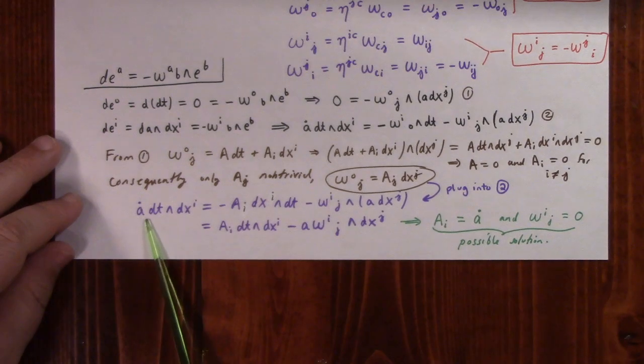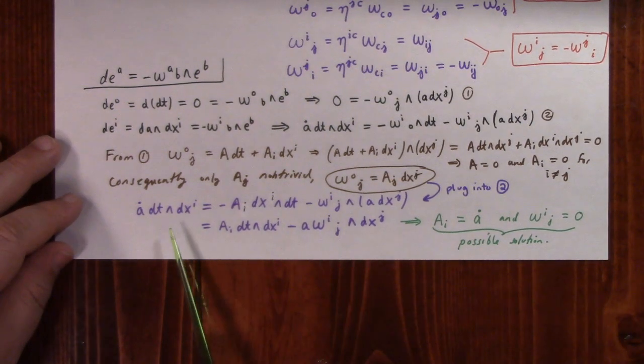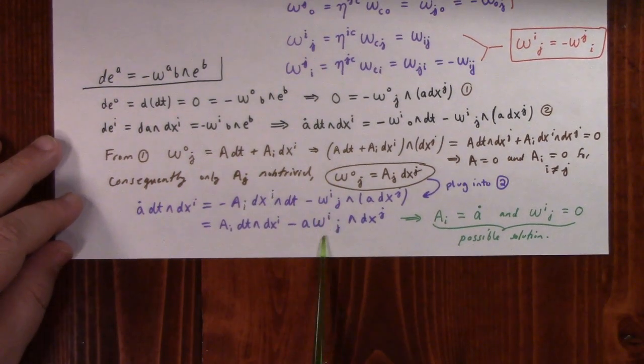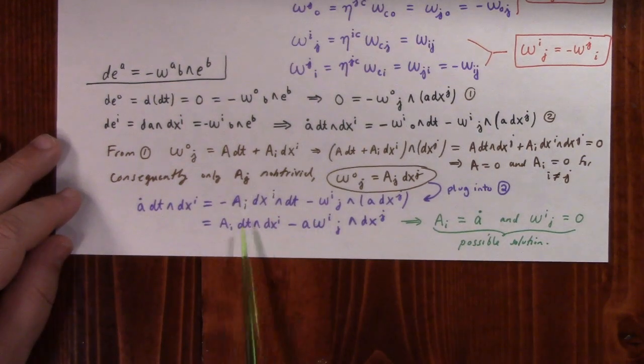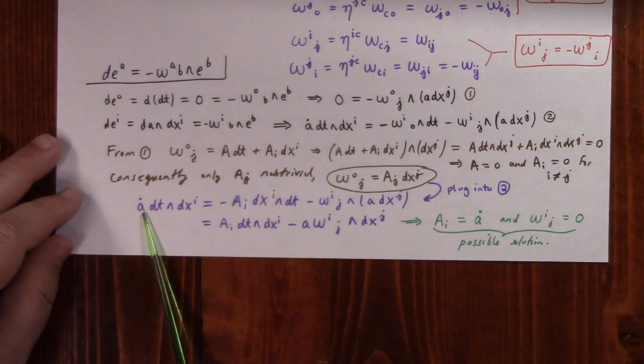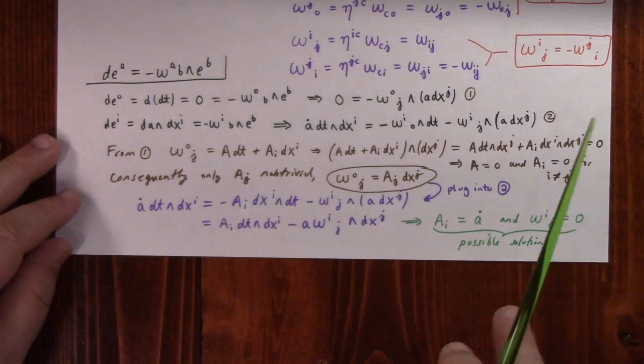I want to solve a-dot dt wedge dx^i equals A_i dt wedge dx^i minus a times omega^i_j wedge dx^j. There's probably more than one solution to this, but one solution that pops out at me is just to make this 0, and it's the same one Carroll gives. Make this 0. If I make that 0, then I just have to match this, and I can do that by putting a-dot equal to A_i. And so that's what I do. I put A_i equal to a-dot and omega^i_j equal to 0. This is a possible solution.